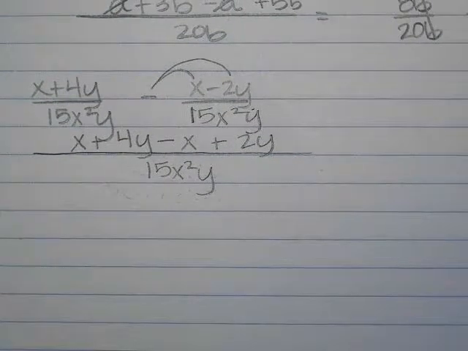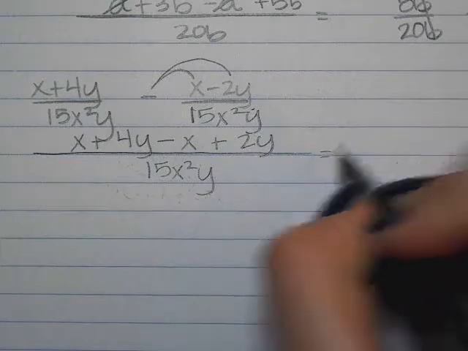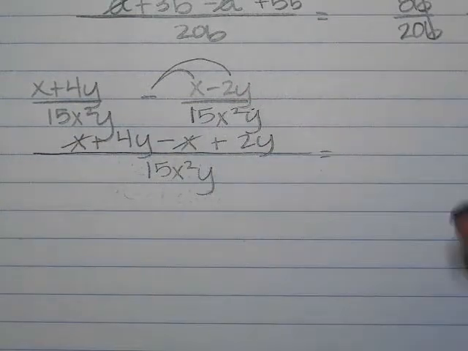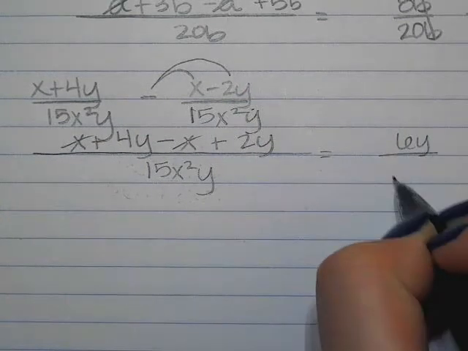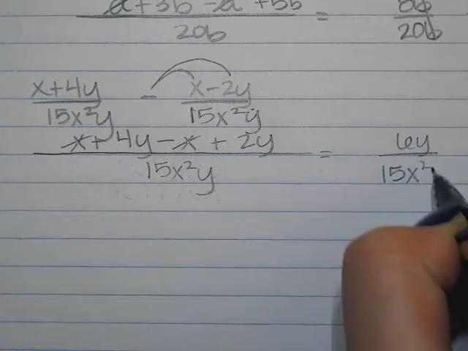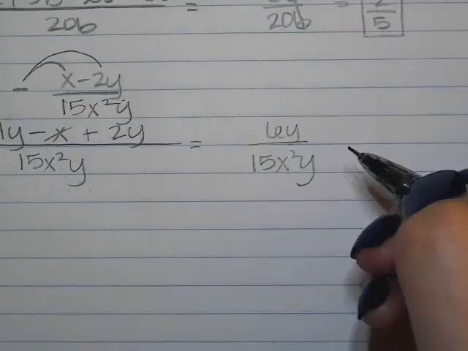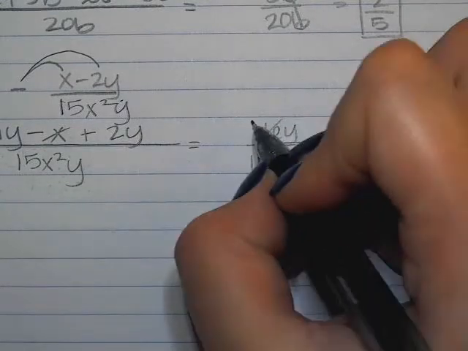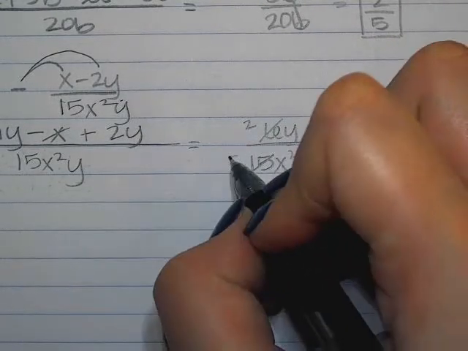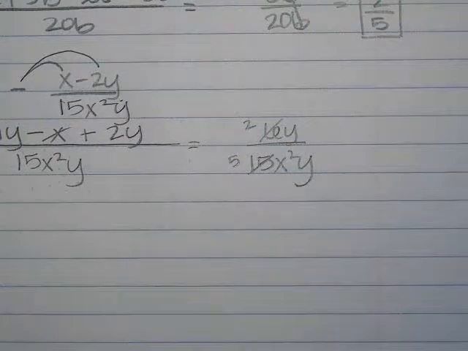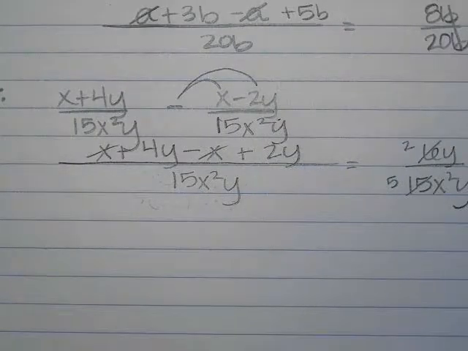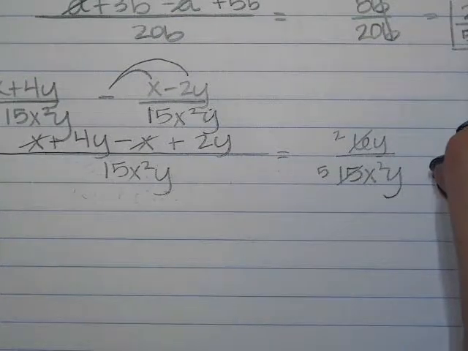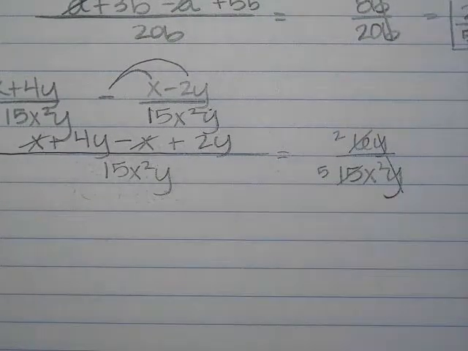Okay, so what do we have? The x's cancel, and we have 6y over 15x squared y, and then what do you see? Take out a 3, so divide by 3, you get 2, divide by 3, you get 5. And then the y's can cancel.